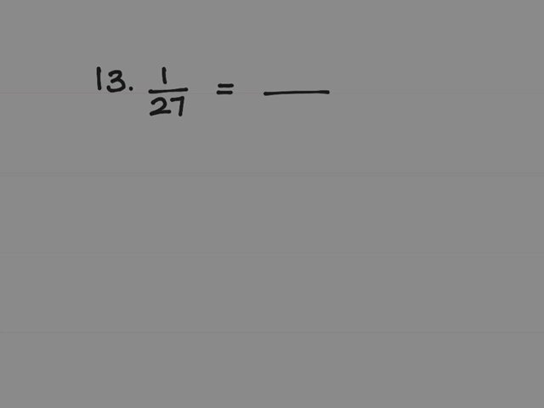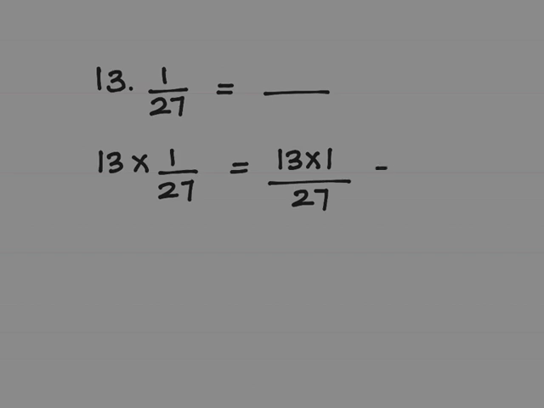13 ÷ 1/27 equals what? So this can be written as 13 times 1 by 27, which is 13 times 1. Multiply the numerators and write the denominator. 13 times 1 is 13, and write the denominator as such.